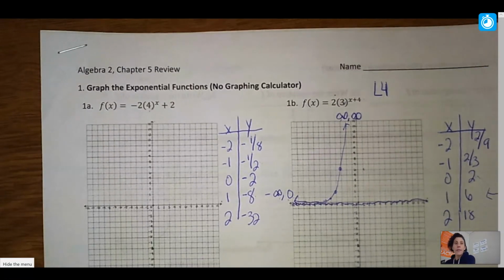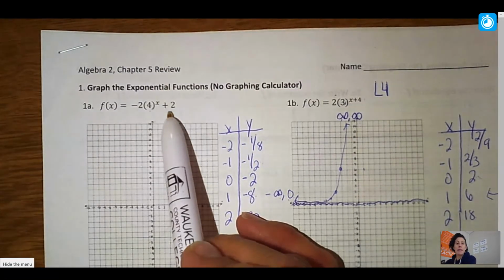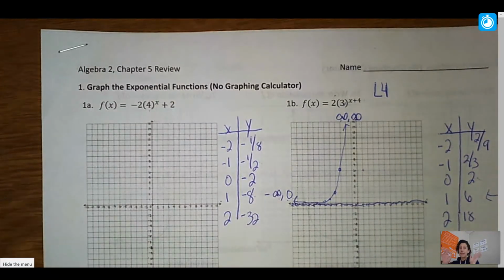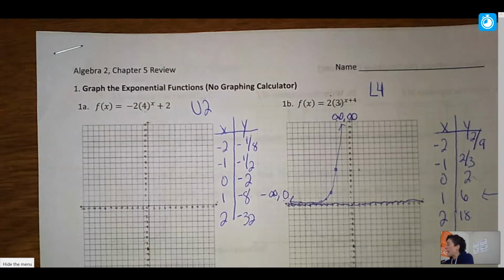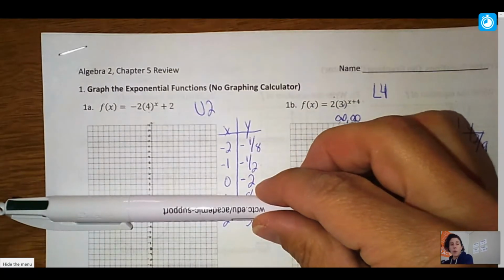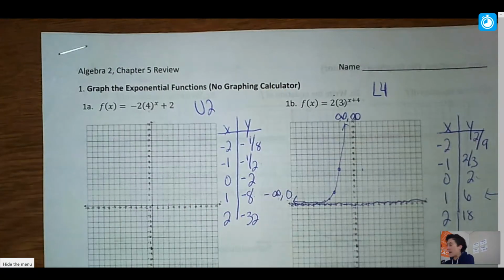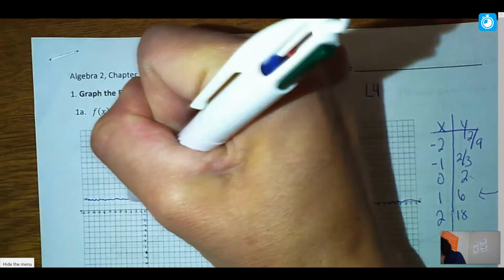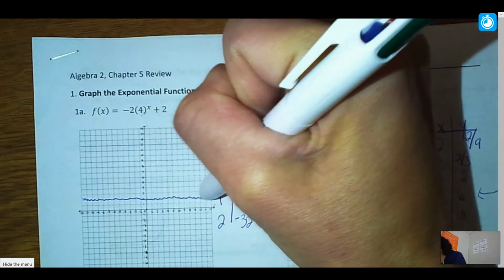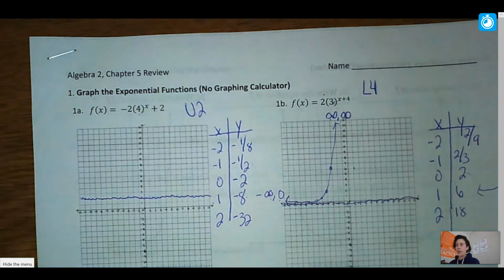The other number that's hanging out there this time is this +2. This is not contained anywhere. So this is our k. So all the points I'm going to take will be moving up 2, and that does include the wall. The wall can move up and the wall can move down. So my wall is actually going to be right here now. And I want us to think about the shape. This is one of those things you have to watch out for.